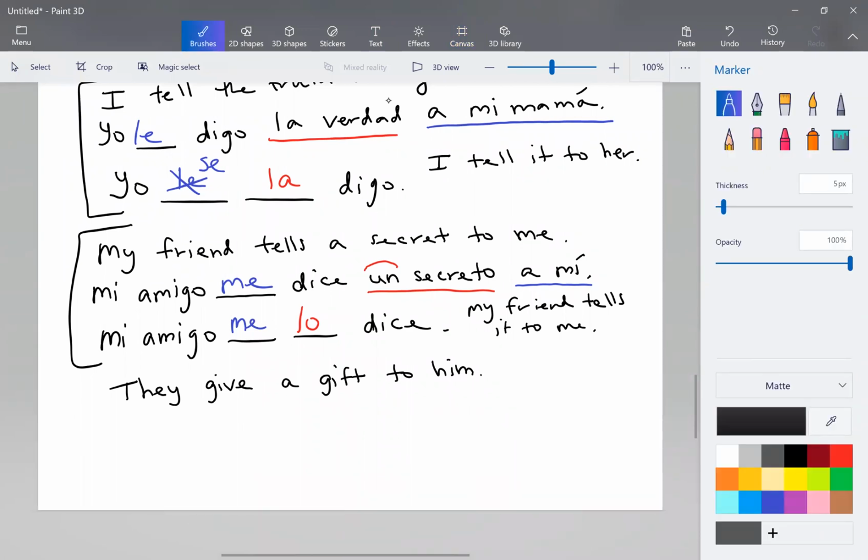To him. And what is the direct object? A gift. Good. In Spanish, the sentence looks like ellos dan un regalo a él.